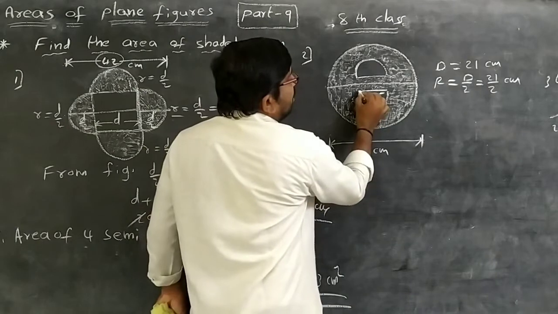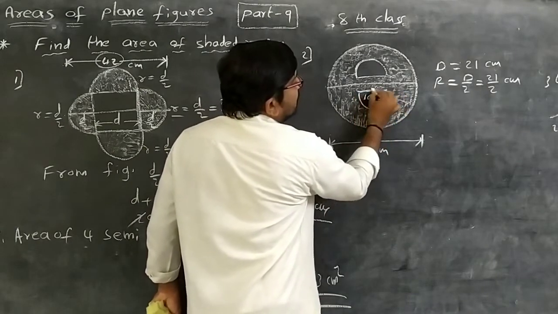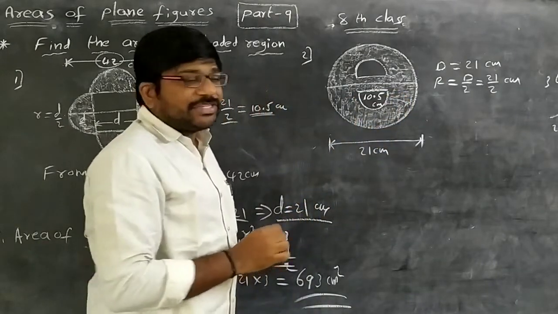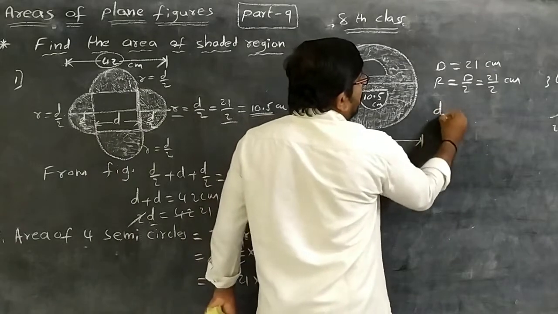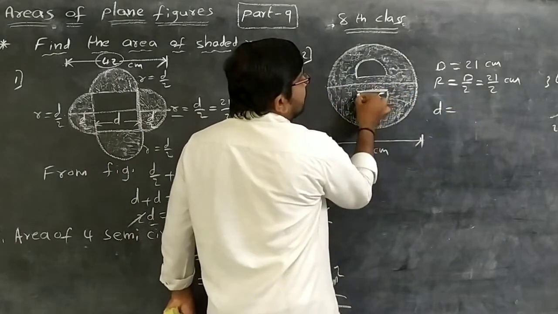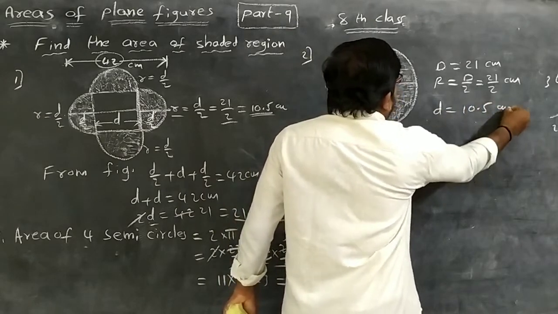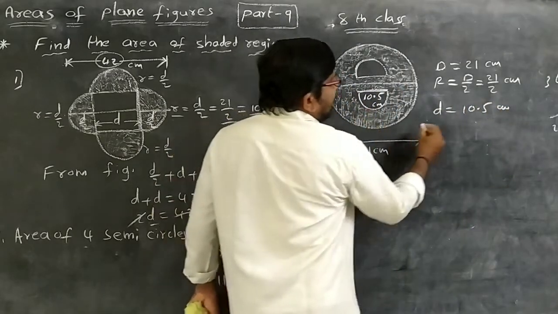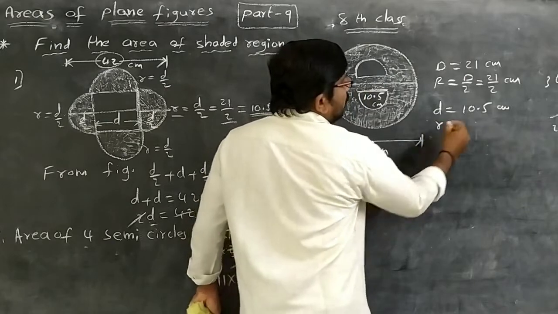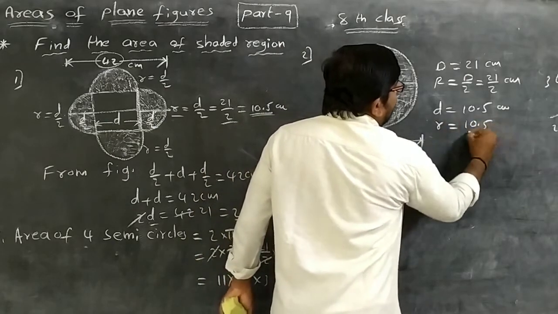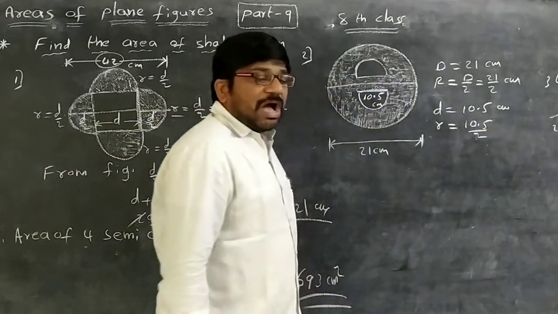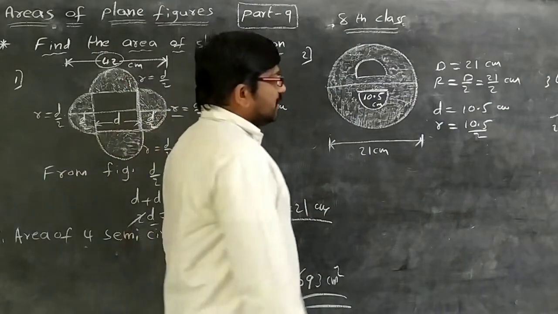Small d means the diameter of a small semicircle, right? The diameter of the small semicircle is 10.5 centimeters, right? Then its radius, small r, is equal to 10.5 by 2, right? Half of the diameter gives the radius.